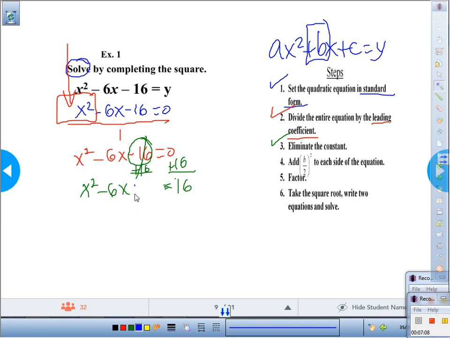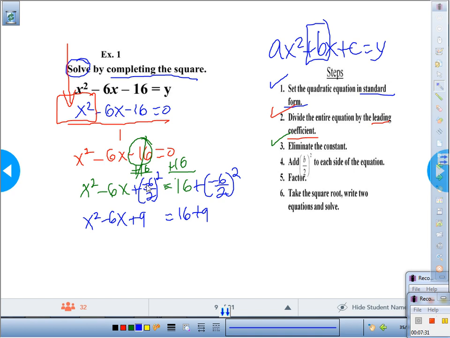Negative 6. So I'm going to add negative 6 over 2 squared. What I just did, I completed the square, because there was an empty spot. I'm going to simplify: x squared minus 6x plus 9 equals 16 plus 9.